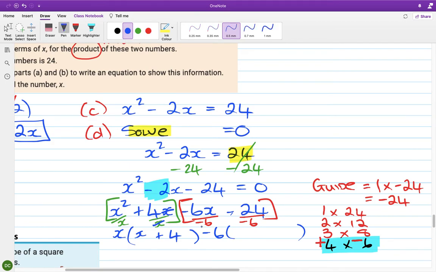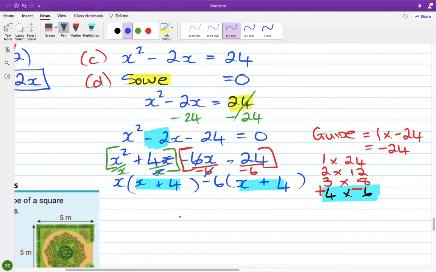Okay, so the two minuses make a plus and the two 6's cancel, leaving you with just x. The two minuses make a plus, and 24 divided by 6 is 4. Do the brackets match? They do, so we write them down. x plus 4, and then we write the factors x minus 6.